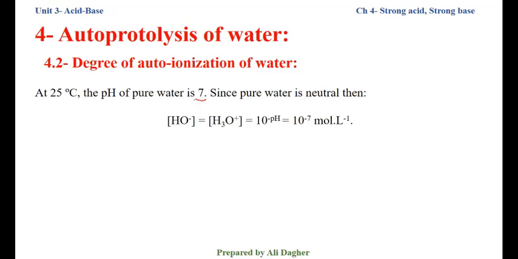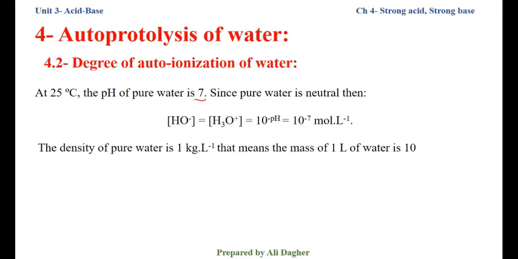And the concentration of H3O+ equals 10 negative pH. pH equals 7, then the concentration of H3O+ and of HO- in pure water equals 10 negative 7. The density of pure water is 1 kilogram per liter. That means the mass of 1 liter of water equals 1 kilogram, that means 1000 gram. Number of moles of water in 1 liter equals mass over molar mass equals 1000 over 18, that means 55.55 moles. This is the number of moles of water in 1 liter.